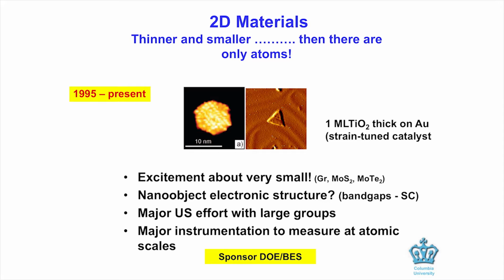One of the most important issues is what's the electronic structure over large bands, and mostly it hadn't been done because these little crystals are so small that you can't use a normal kind of electronic structure to understand that. You have to probe it with a very focused light. It's a major U.S. effort with large groups and major instrumentation to measure at atomic scales. A lot of bucks. It's expensive.